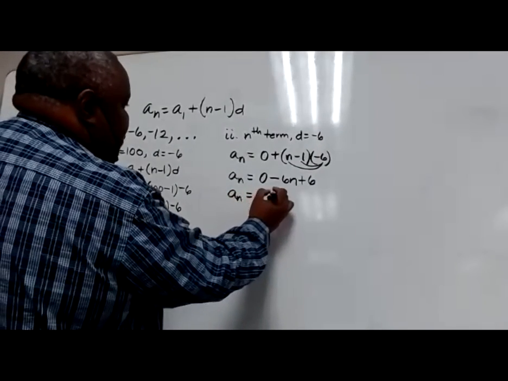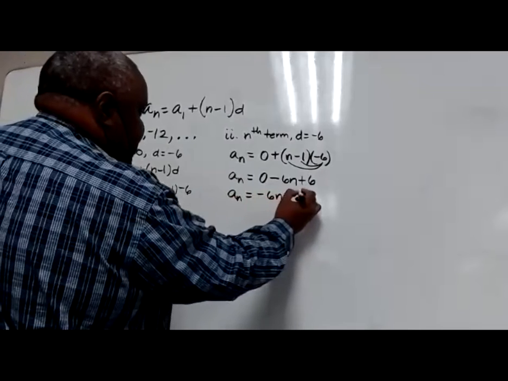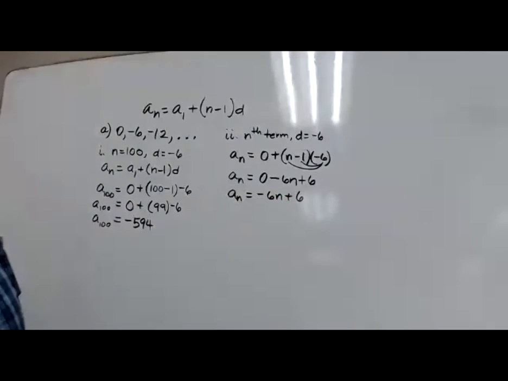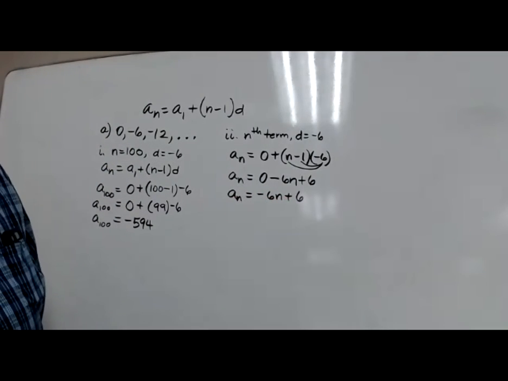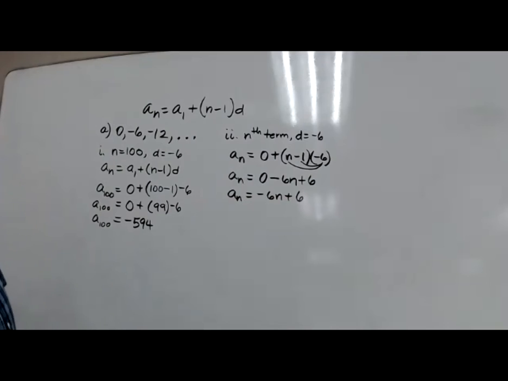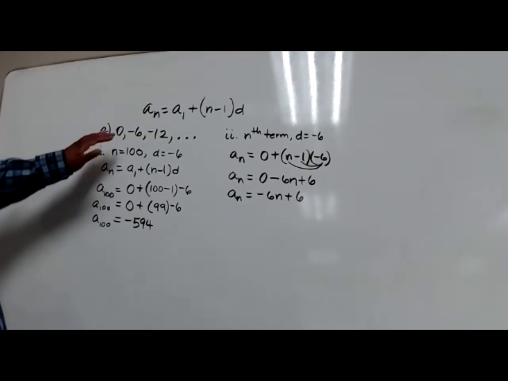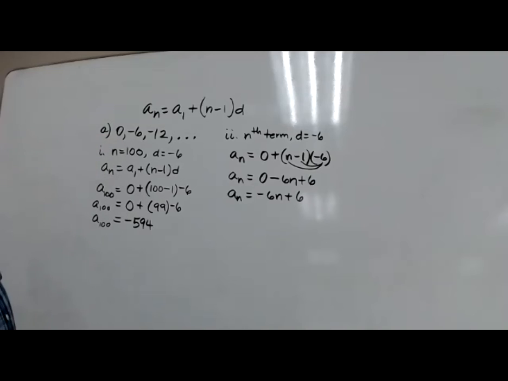So if I simplify that, this will end up being -6n plus 6. -6n plus 6 will be the nth term of this sequence in general. Questions on part A?